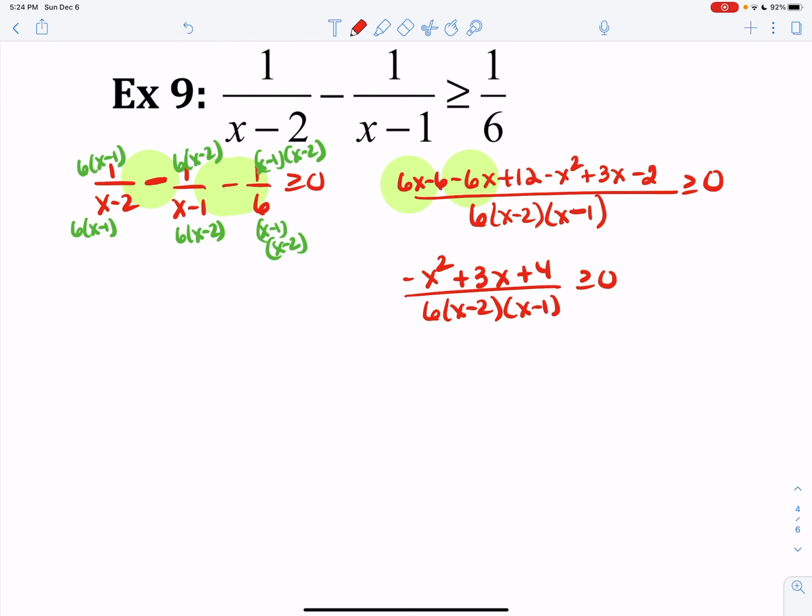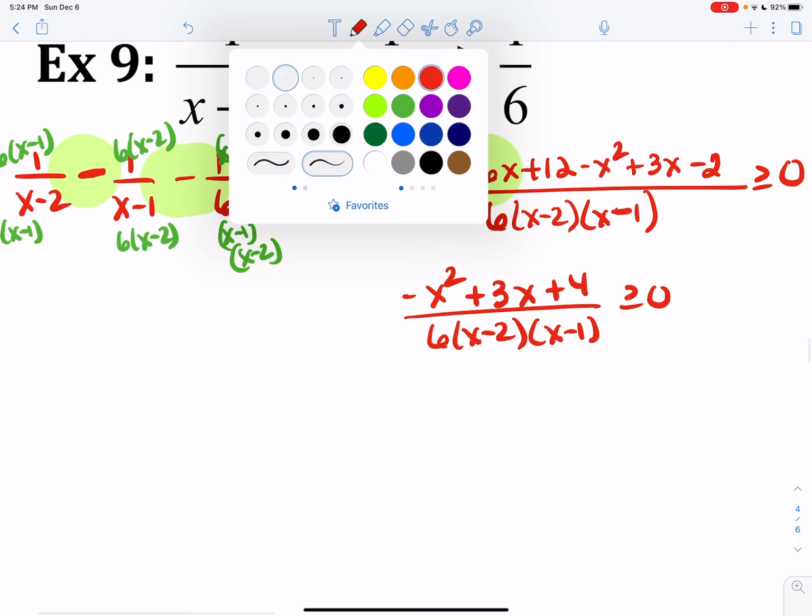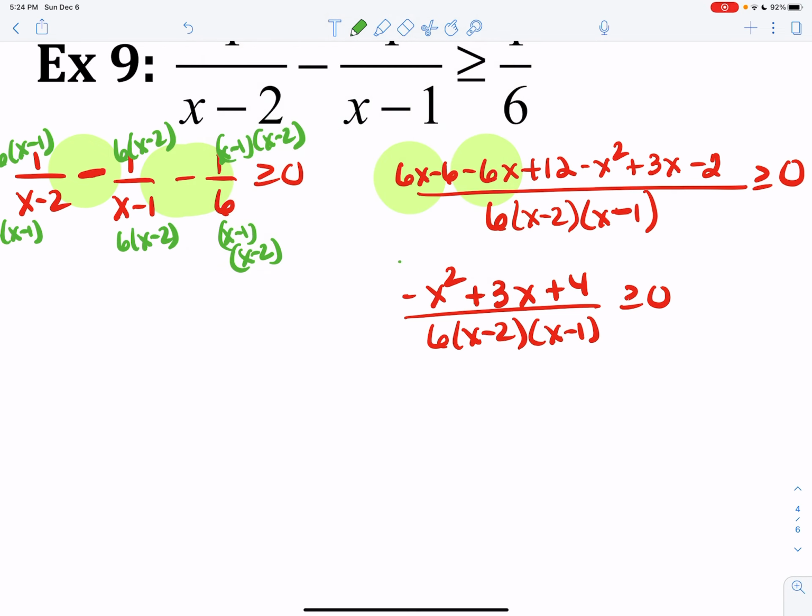And I always prefer my first term to be positive. So I am actually going to take my numerator and think of that as a negative 1 times a positive x squared minus 3x minus 4, so that I can divide out that negative to the other side of the inequality.